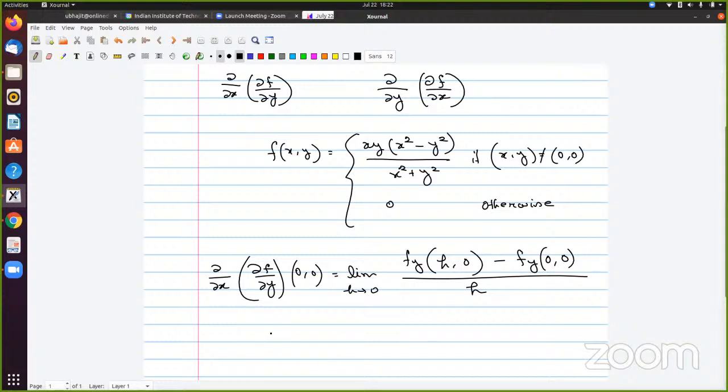Yes, sir. f_y is x to the power 5 minus 4x cube y square, and so on: x to the power 5 minus 4x cube y square minus x y to the power 4.